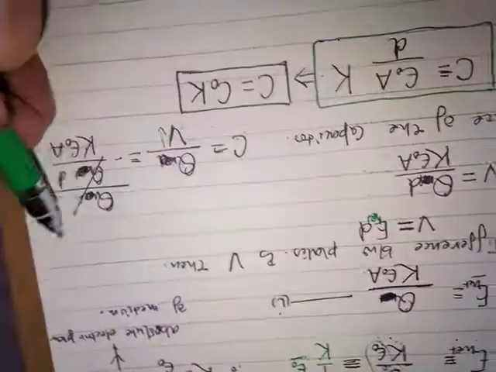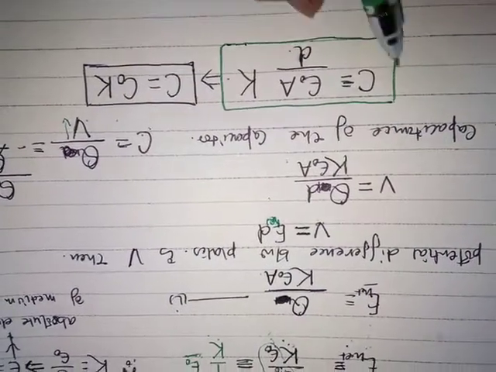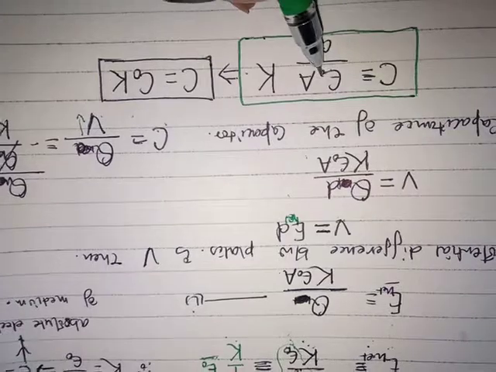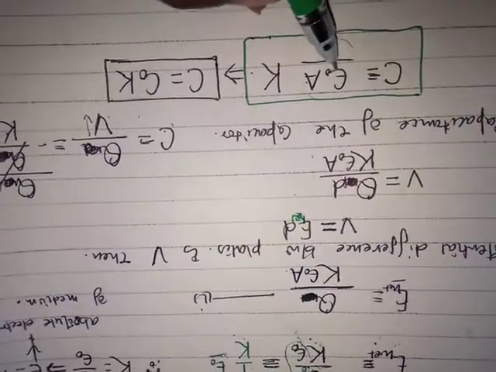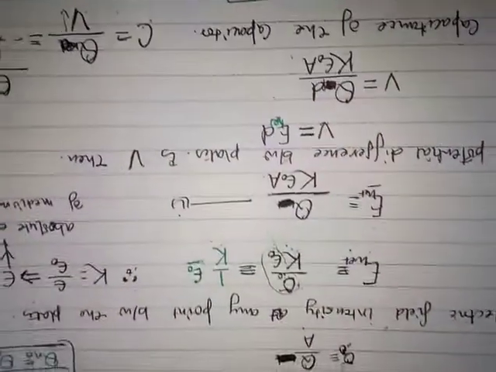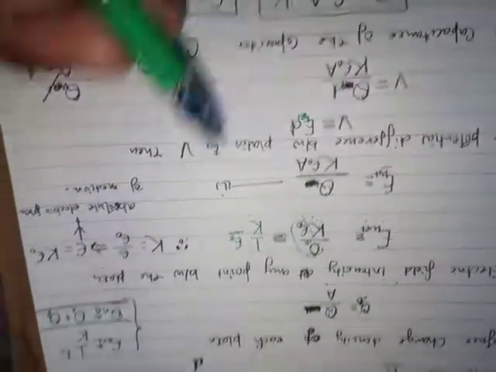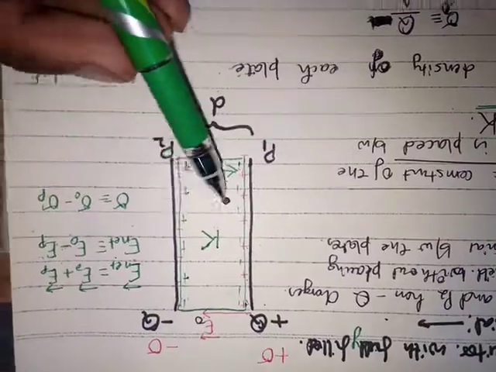Therefore if I write down this expression in the particular form, C is equal to K epsilon naught A upon D, and you know that epsilon naught A upon D is the capacitance of the capacitor when the dielectric material is not present between these two plates.